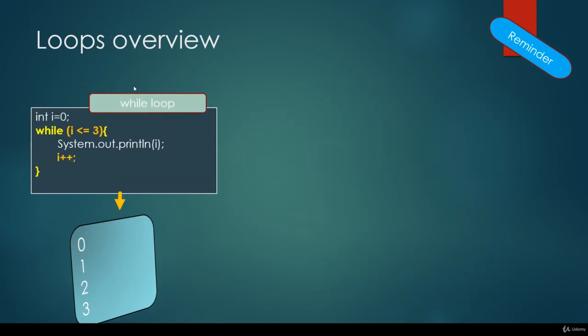What about the while loop? The while loop is going to have just a single statement, and if the statement is true, then it is going to execute the given code snippet.